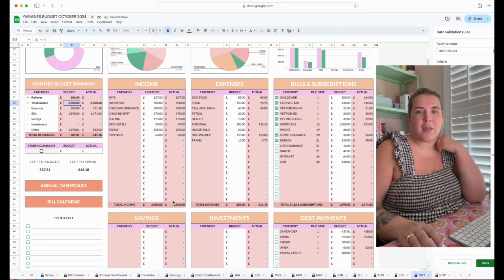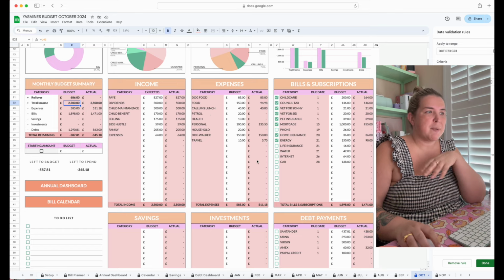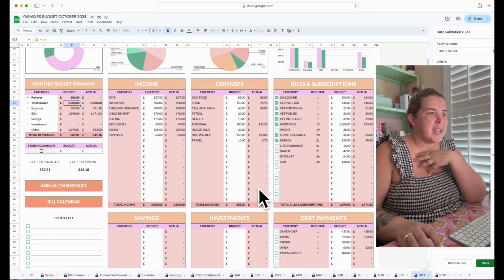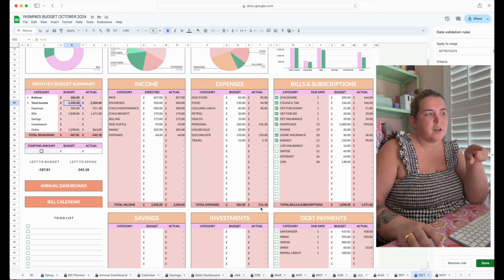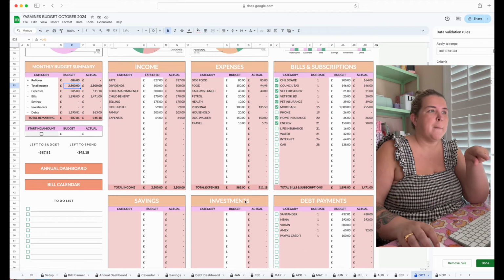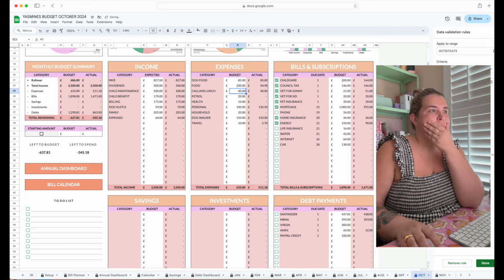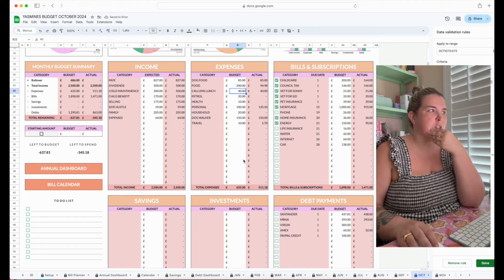So I know I've got that money to one side already. I've also got some money to one side for the rest of my expenses. You can see here, my expenses I've spent so far this month is 511, but I'm planning to spend 585. That food number is making me a bit nervous, so I'm going to put 200 because I know I've got a bit more than that put to one side.